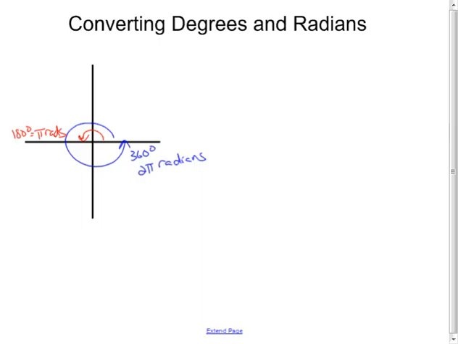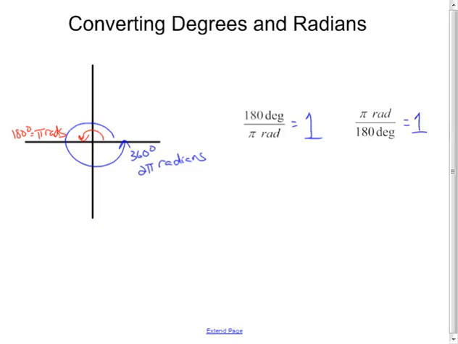if we in fact know that 180 degrees is equal to pi radians, I could actually create a fraction such as this, 180 degrees over pi radians. And you'd have to say, well, it's the same number on top as bottom, so this is equal to 1. Similarly, if I had pi radians over 180 degrees, that's also equal to 1.